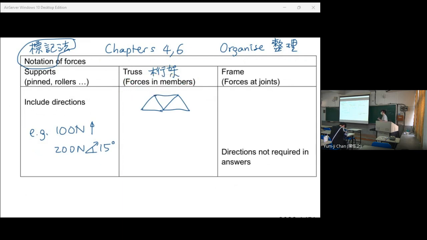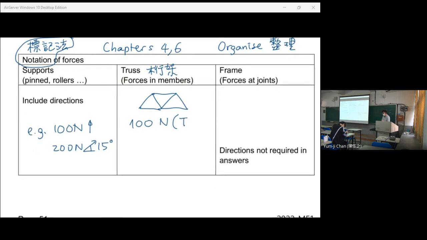They can be in compression or in tension. We mark tension as 100 Newton T, or 200 Newton for compression, how do we write them? C. Very good.